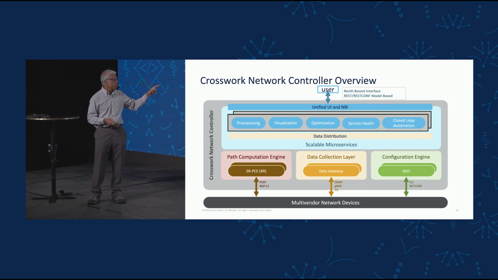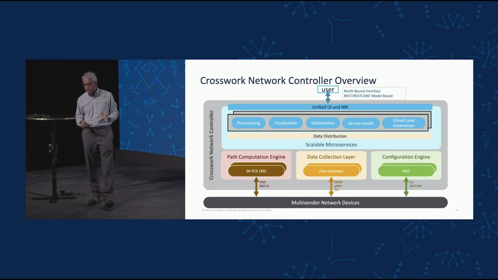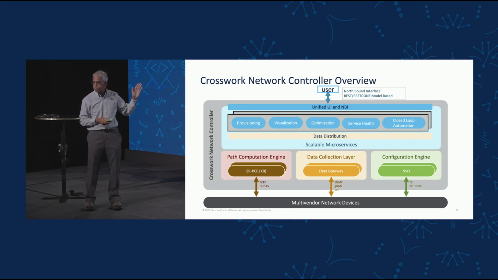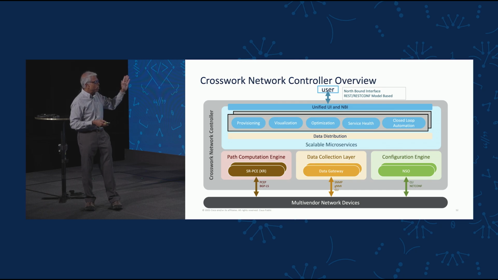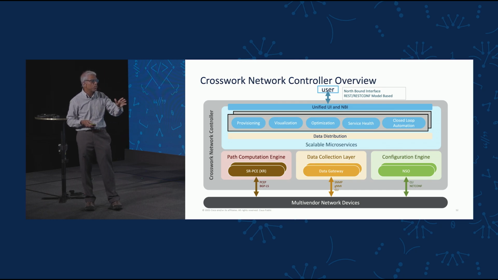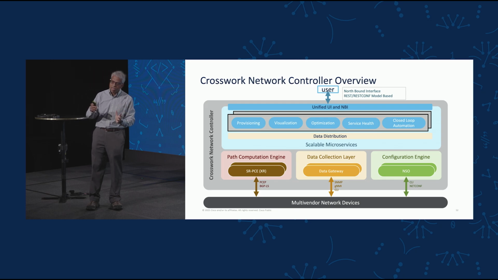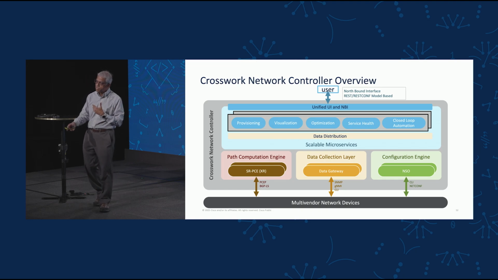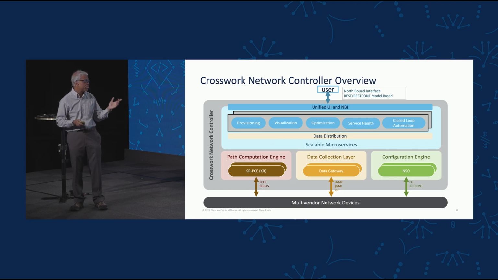On CNC, you see on the top we have a modular software, what we call Crosswork Network Controller with Crosswork apps. If you look at provisioning, visualization, optimization, service health, closed loop automation, these are built as software apps where you can deploy parts and not deploy parts. They're tied to licensing as well, so you get some kind of flexibility there.